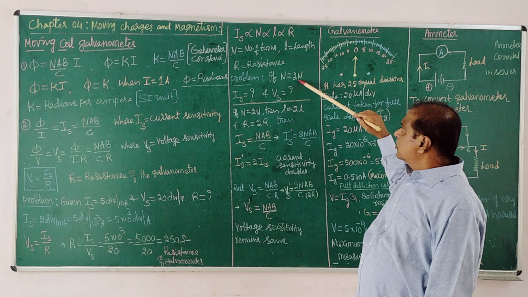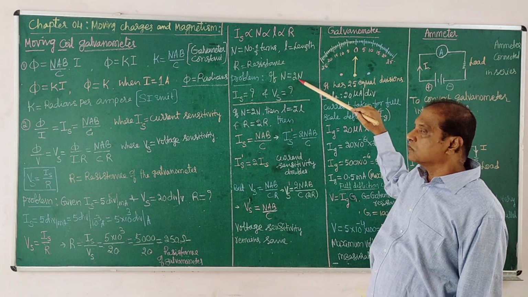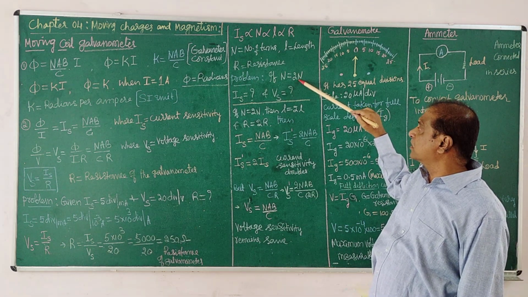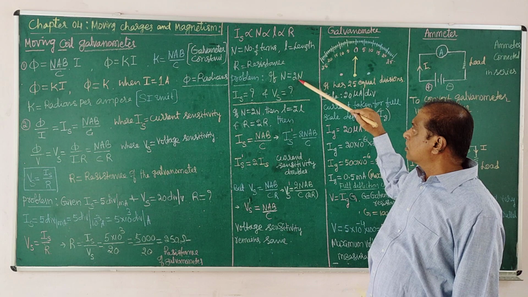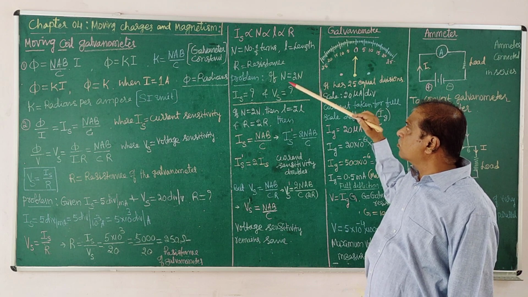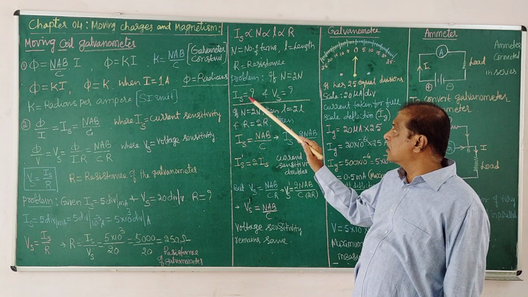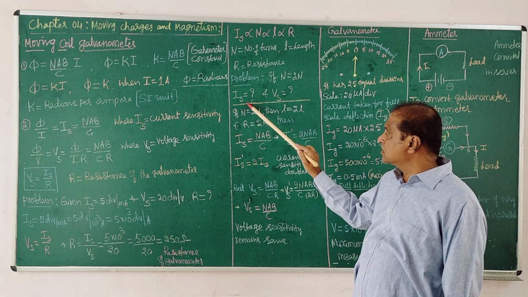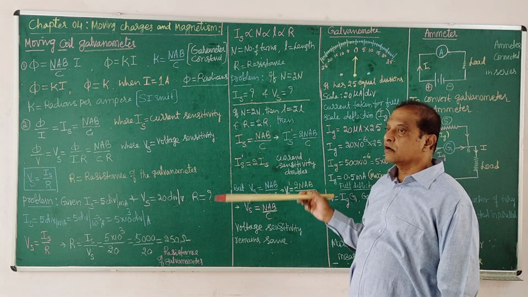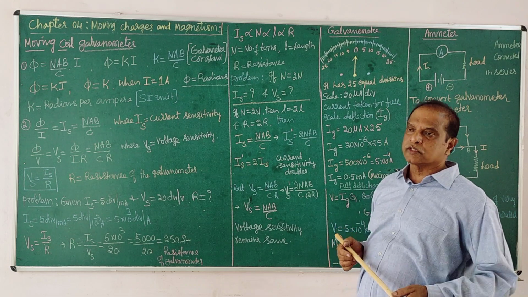Let us increase the number of turns by 2, that is, double the number of turns. If the number of turns are doubled, what would be the value of Is and Vs? Will it increase or decrease or remain the same? That we need to understand.